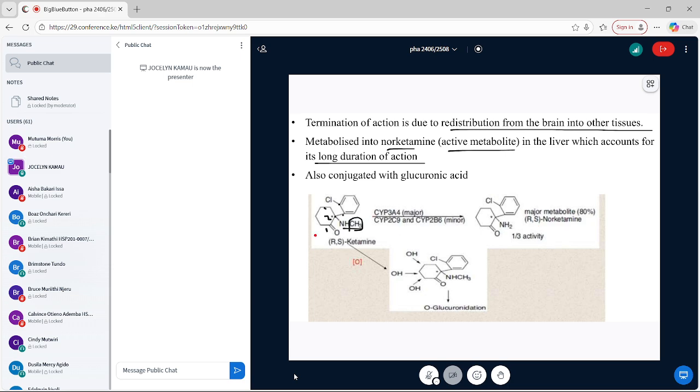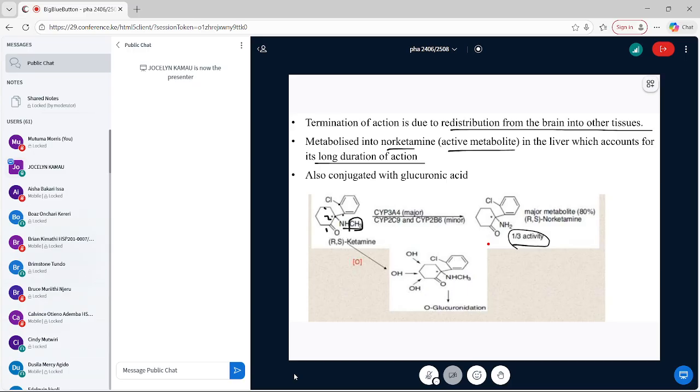We have said the S enantiomer has high analgesic activity, but it's given as a racemic mixture. Norketamine has one third the activity of ketamine, and that results in a longer duration of activity.